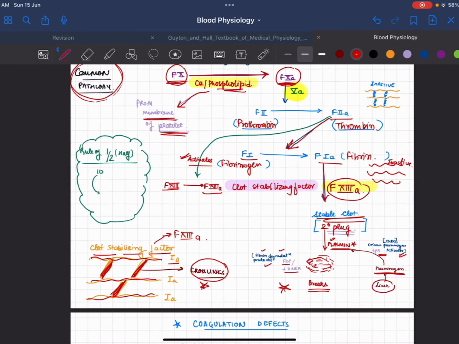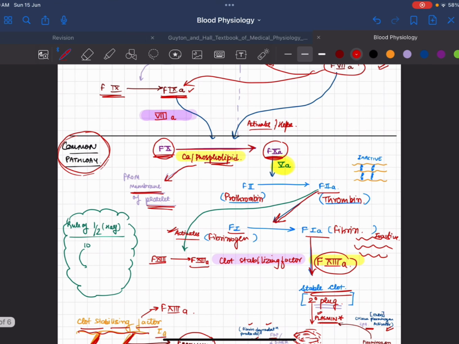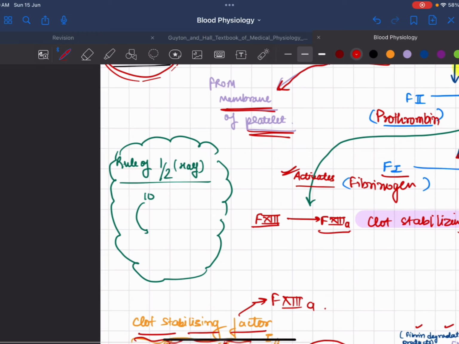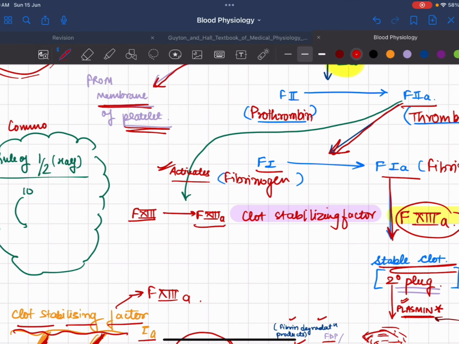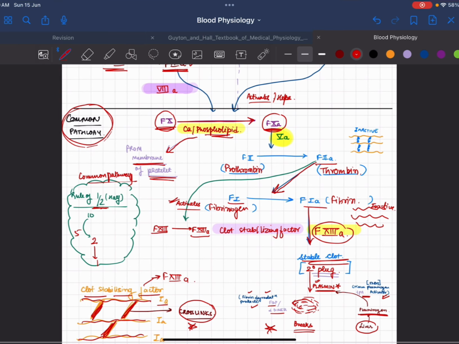So how do we remember this? How do we exactly remember? The common pathway, we can learn by rule of half. How? Factor 10, 5, 2 and 1. So what we saw?